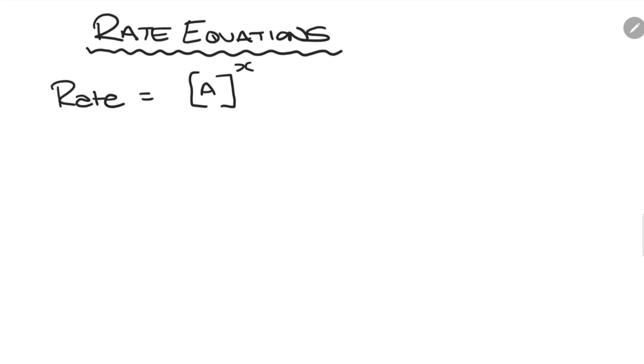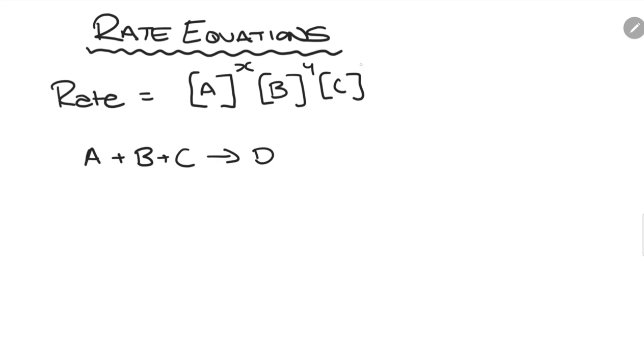And if we were to have a reaction whereby A plus B, let's say plus C as well, could combine to make D, so a very theoretical experiment here, but we've got 3 reagents, it's possible that the rate equation could be equal to a product of all of those 3 concentrations, A, B and C, each to their power of X, Y and Z.